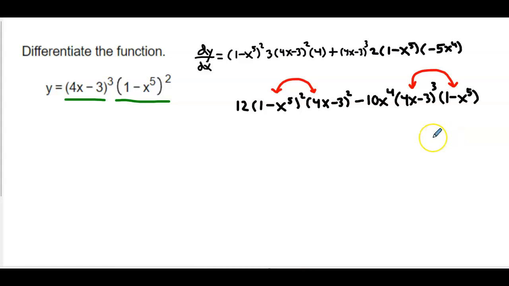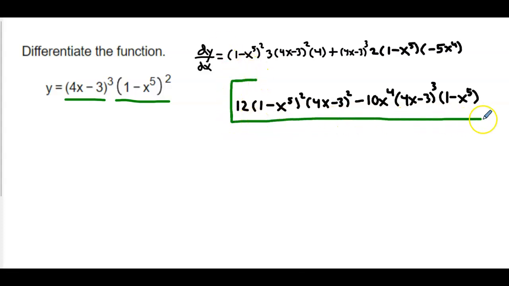It doesn't change anything. It's like saying 3 times 5 versus 5 times 3. So there's perhaps more than one way to answer this, and it would be sufficient. I'd be very surprised to find that you put this into MyLab Math right here, and it marks it wrong. It should be a good enough answer.